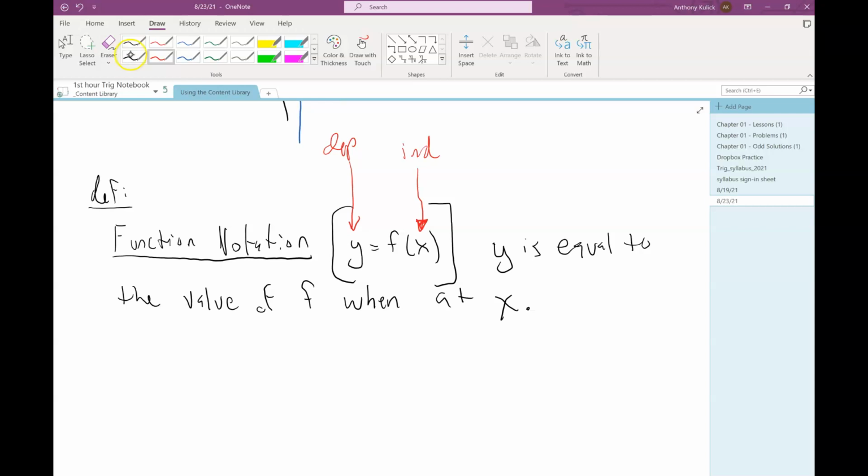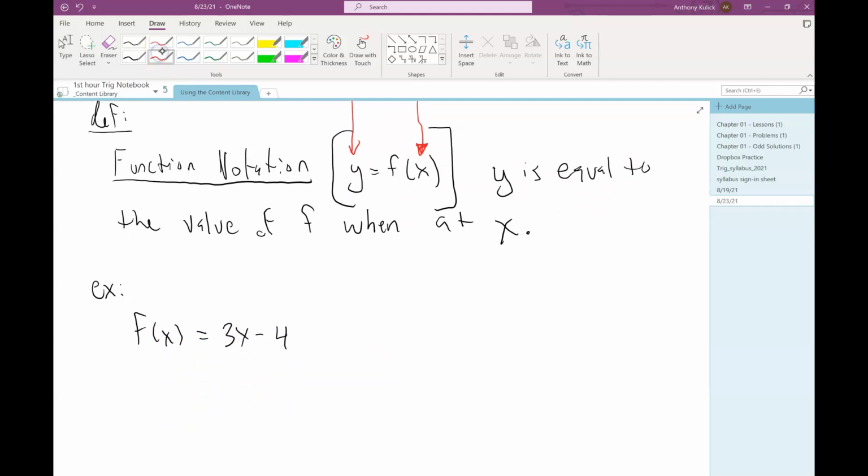So, for example, if I say that f of x is equal to 3x minus 4, and I want to find out what f of 2 is, all that's telling me to do is plug 2 in for x and evaluate.